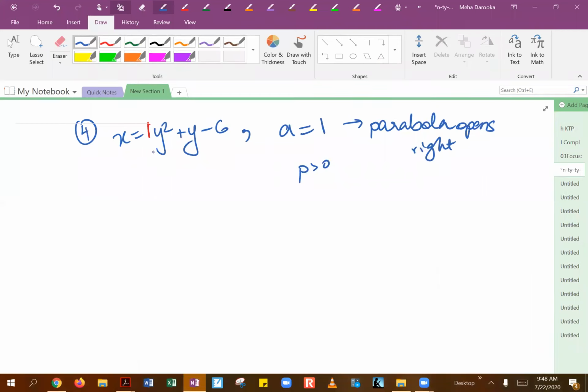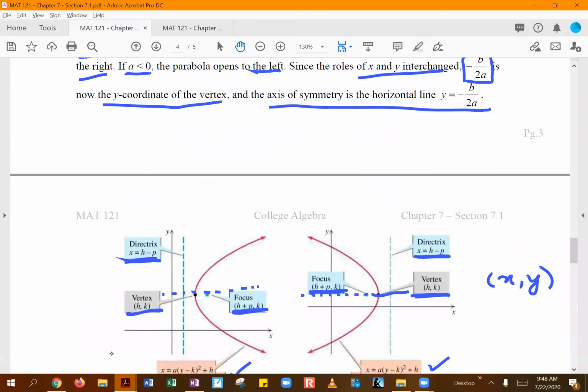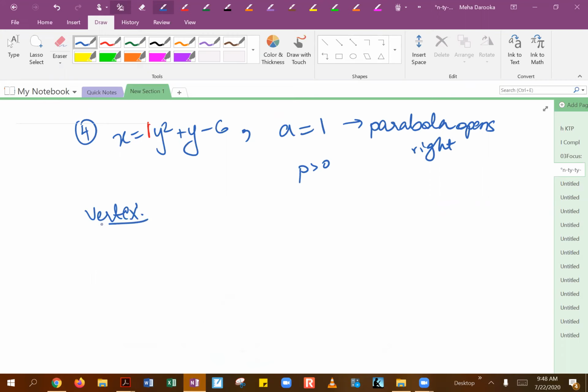So since this is given to us in the standard form, what I'm actually going to do is start by finding our vertex by using this negative b over 2a. And remember, this time that will give us the y coordinate. So let's start by finding the vertex of our parabola, and y equals negative b over 2a. So can you tell me what this y value comes out to be?